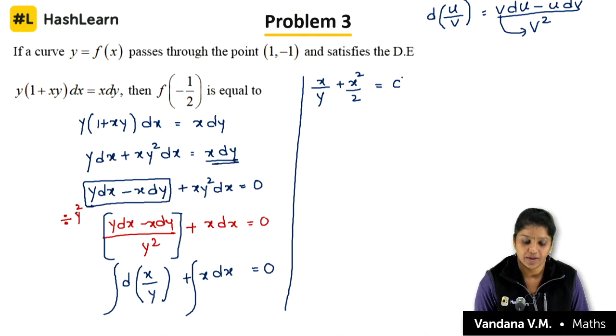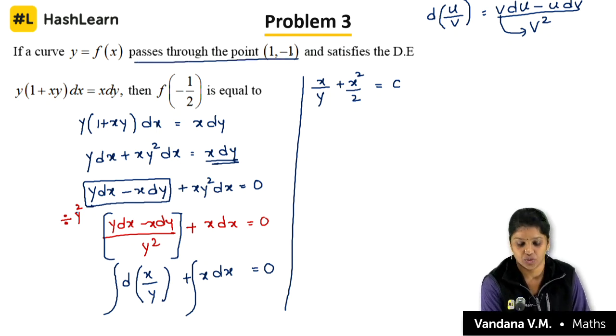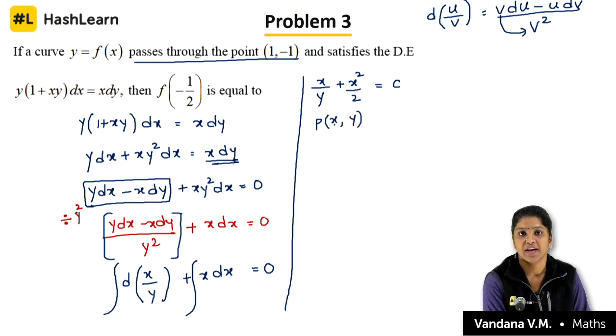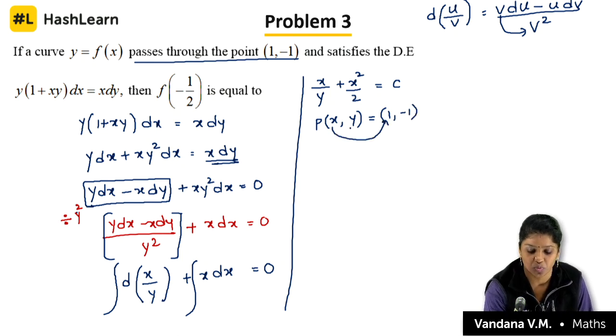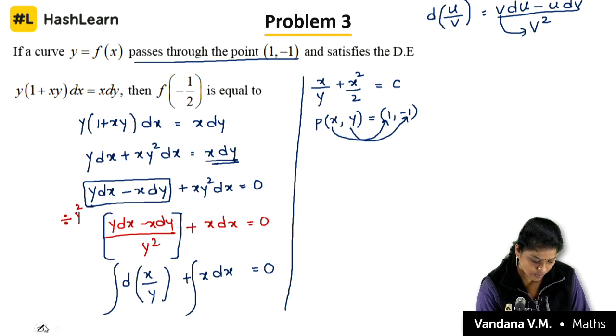Now I got this, but clearly they are telling it is passing through the point (1, −1). Point means usually they will give in the form of (x, y). Here x value is 1, y value is −1. You just substitute these values over there.